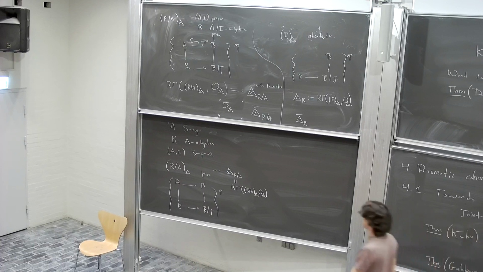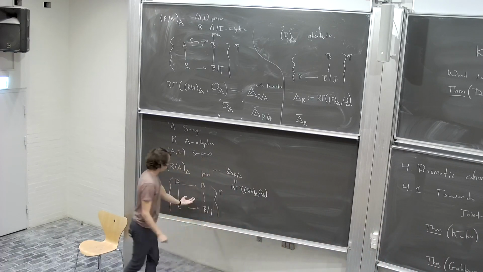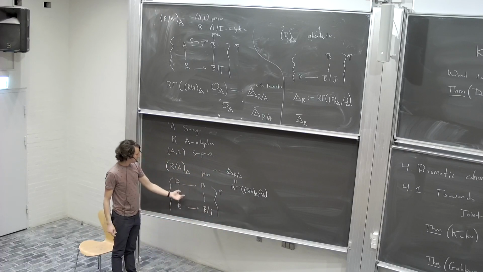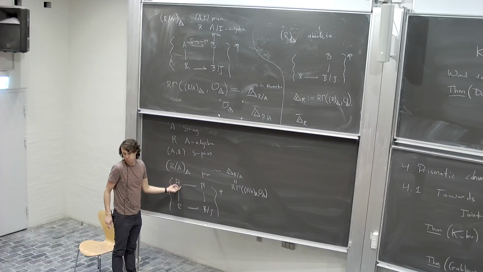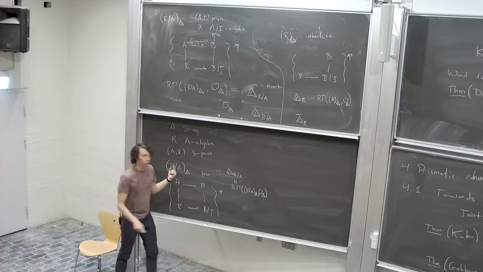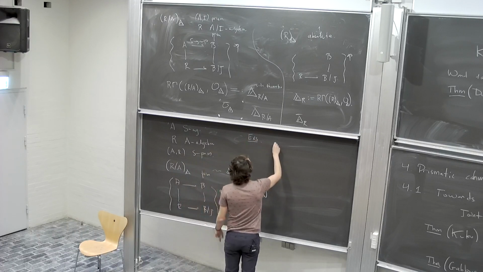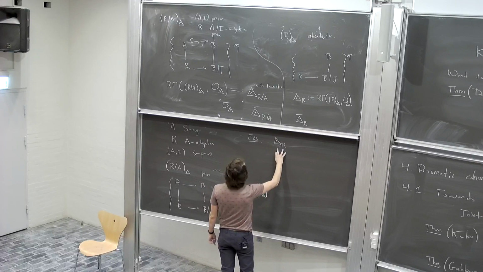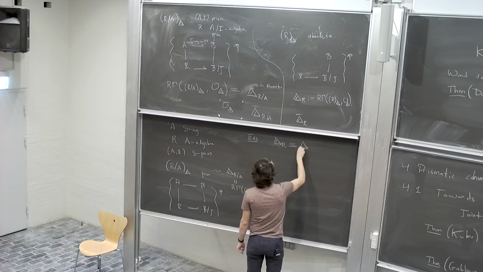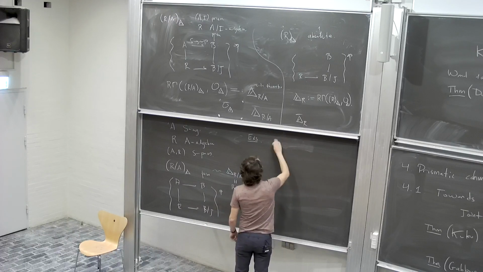So what are a couple examples? This is just a perfectly good category. We just don't require A to be a prism. But this still makes sense. So what are a couple examples? Well, absolute prismatic cohomology, written this way, is the same as, well, I'll say it differently.